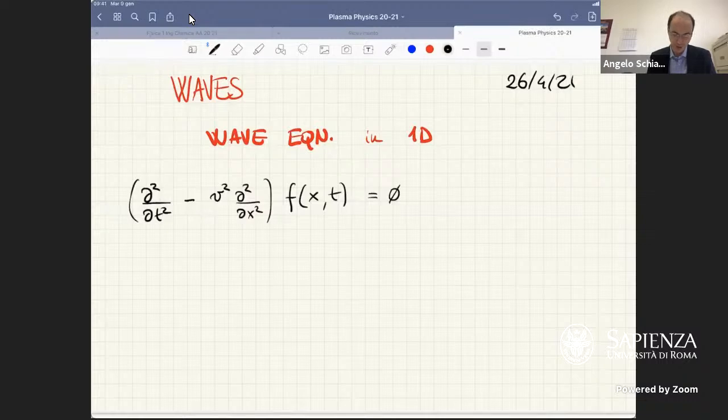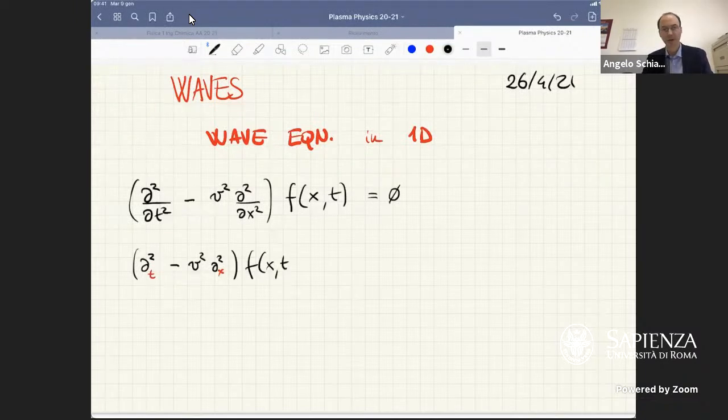So the same equation, we can write it as the second derivative with respect to time, we put the index down here, minus v squared, second derivative with respect to x, applied to f, the test function f of x and t, equals 0.